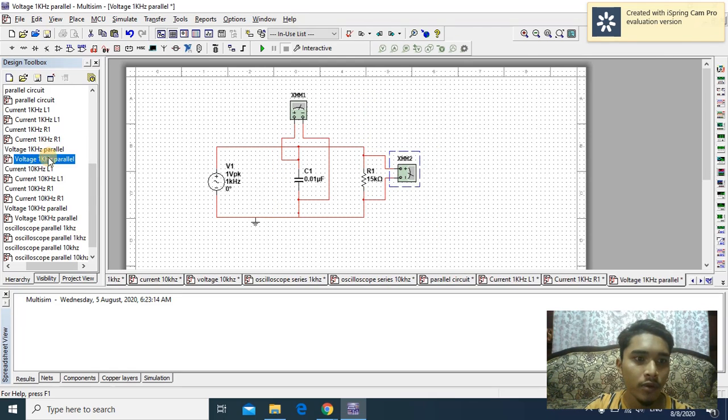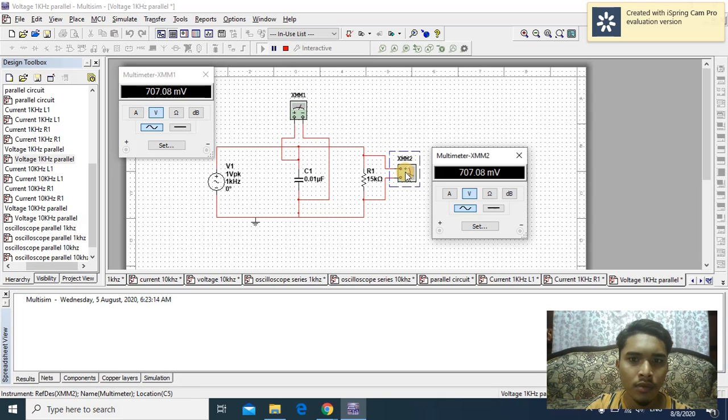Next, we move to measure the voltage for the parallel circuit. The reading of the voltage is the same because in a parallel circuit the reading is 707.08 millivolt.